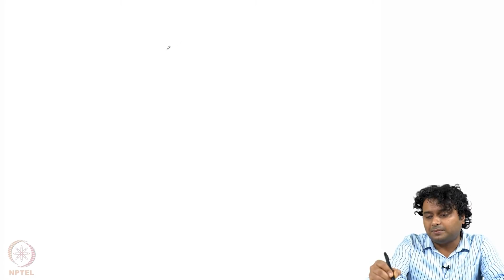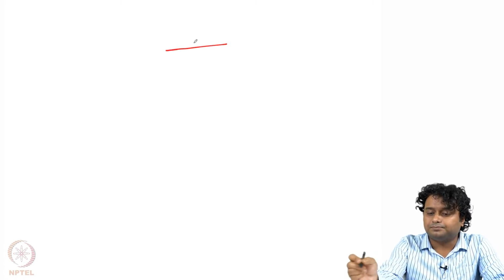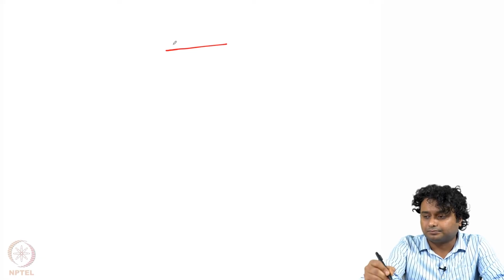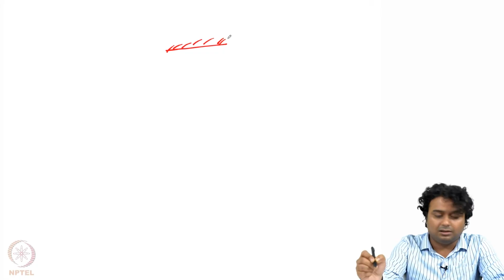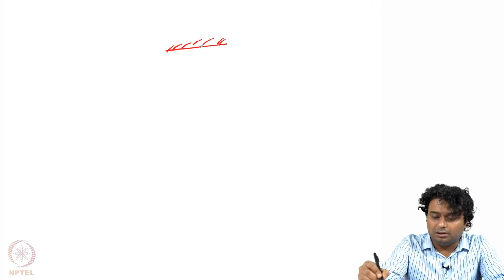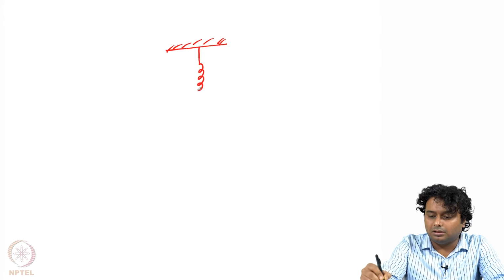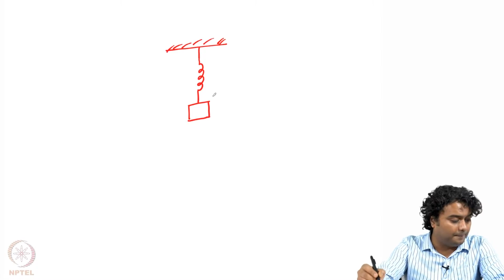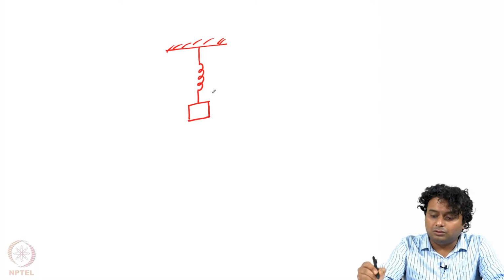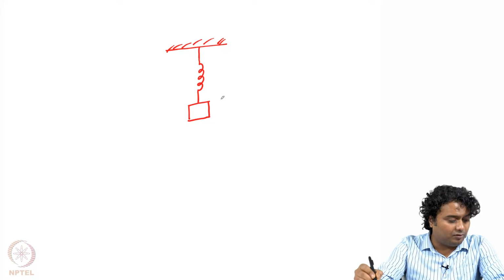Let us say we have this spring mass system. This is a fixed plane, right, and then you have a spring and then a mass is hanging from it, right. Okay. Now you apply some amount of force.